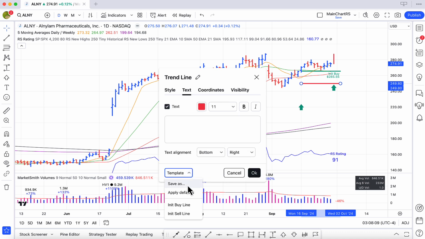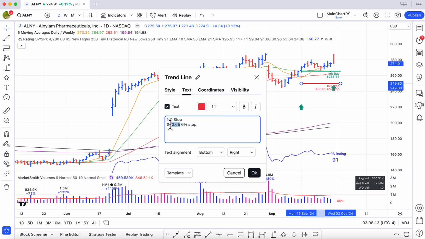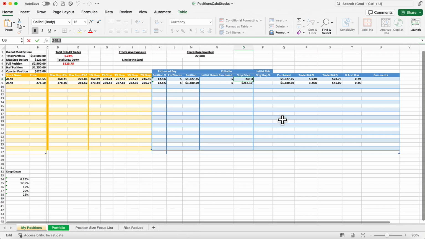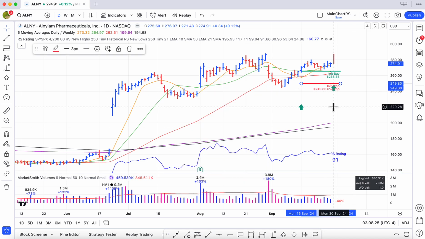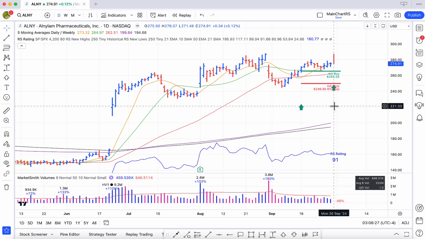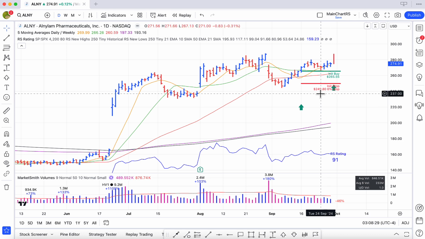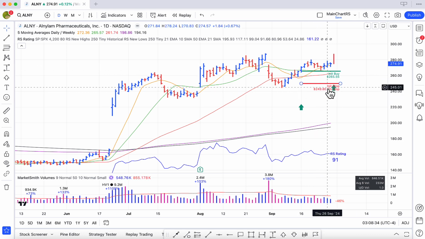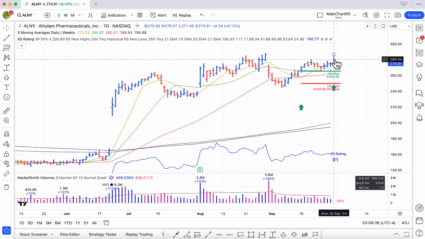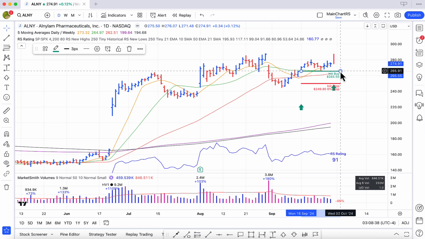And now I have another saved one, and I'll look back and say, what was my initial stop here? 5.9%. I'll just leave it at 6. Close enough. So that way, now as the stock is moving, I can see where I am in my positions. Now, let me just bring this in a little bit.